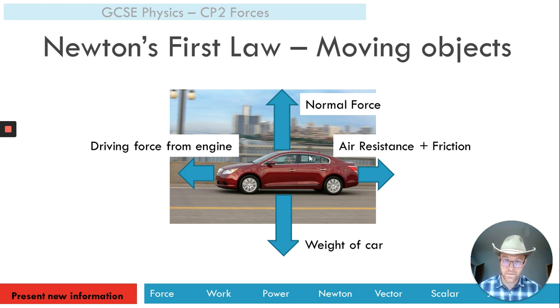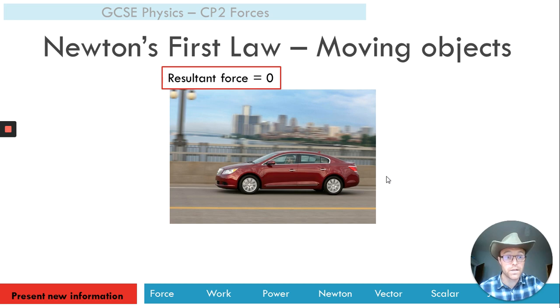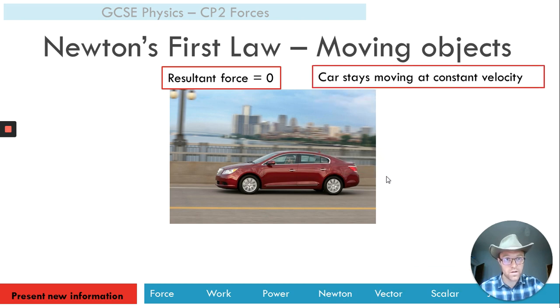These forces, if we add them all up, the weight of the car is balanced by the normal force from the road. The driving force from the engine is balanced by the air resistance and the friction. If we add up all these forces to get the resultant force, we will get 0. The resultant force is 0, and so the car will stay moving at a constant velocity.